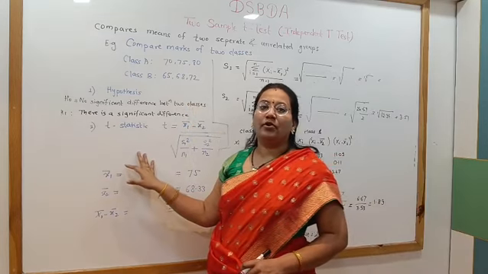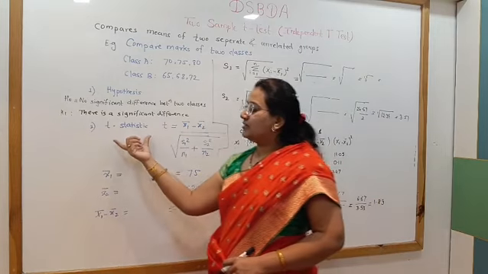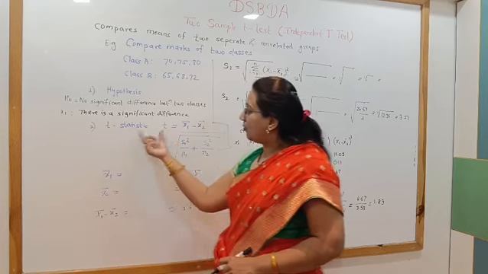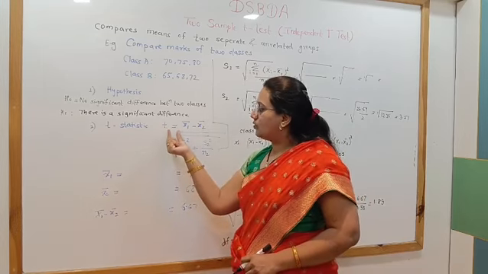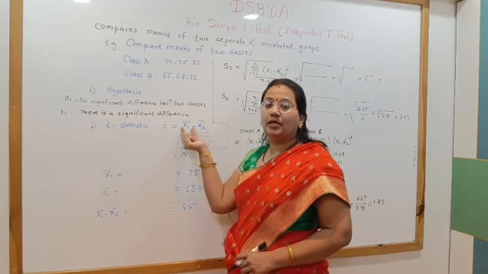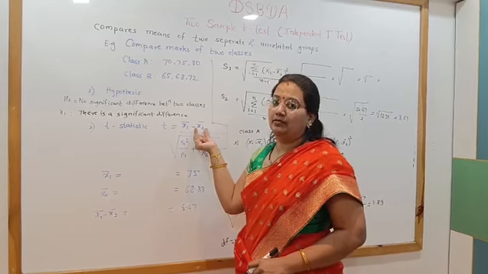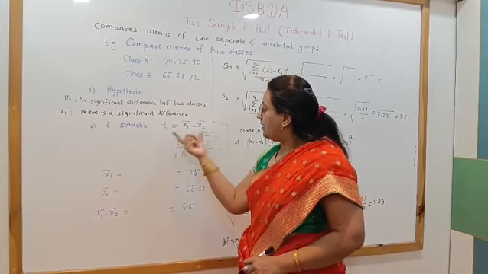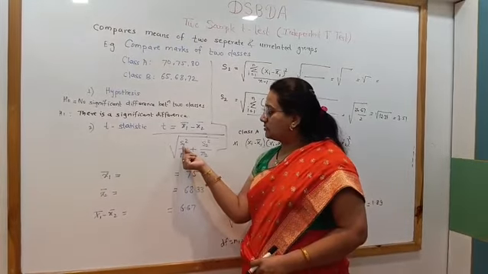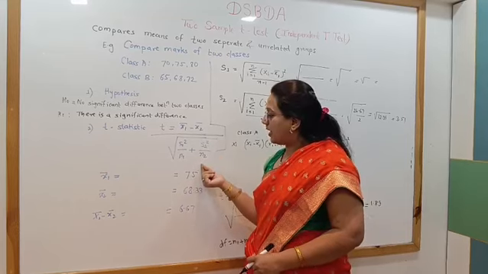Now second step, we calculate the t statistic. In chi-square test, we calculate chi-square statistics. So the formula for t statistic is t equal to x1 bar minus x2 bar. x1 bar is nothing but the mean of first class. x2 bar is nothing but the mean, that is average of second class, divided by square root of s1 square divided by n1 plus s2 square divided by n2.